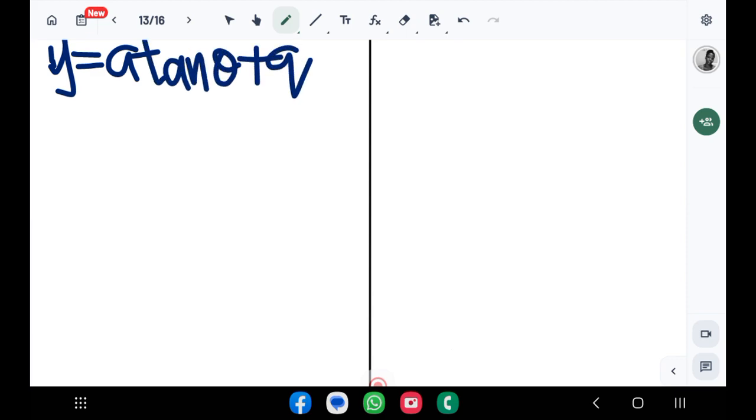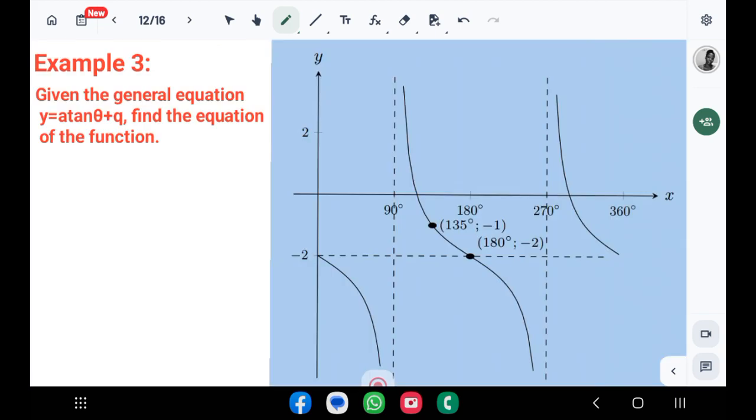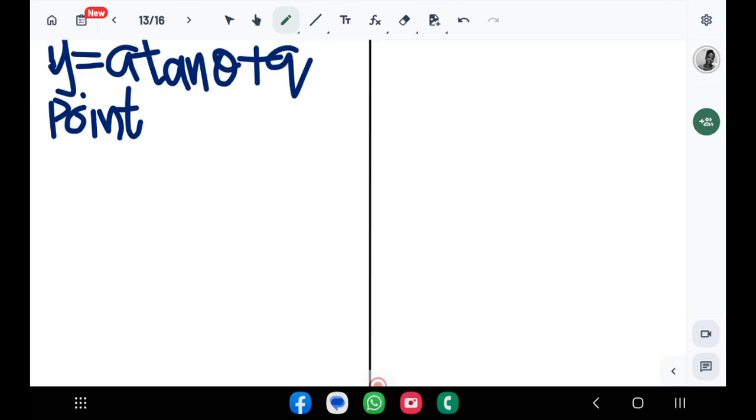So y equals a tan theta plus q. The first point that falls on the graph is (135, -1).